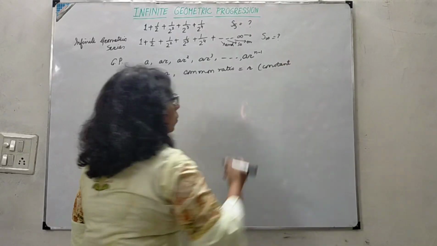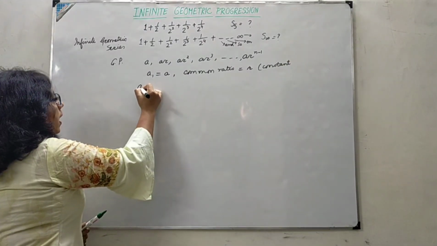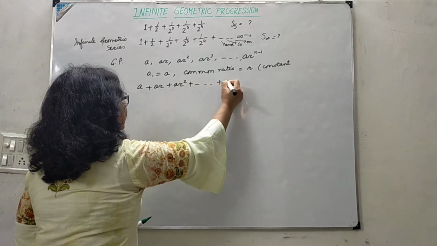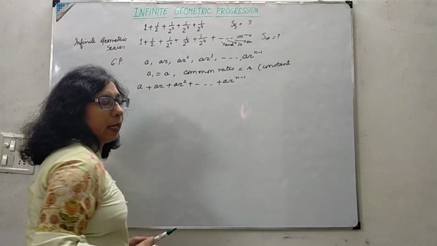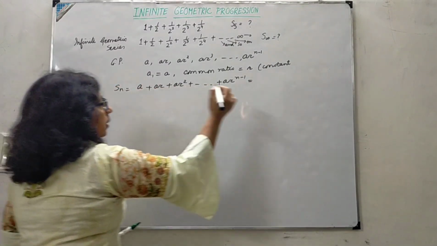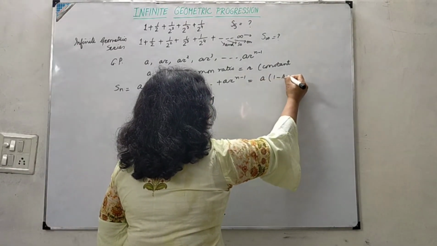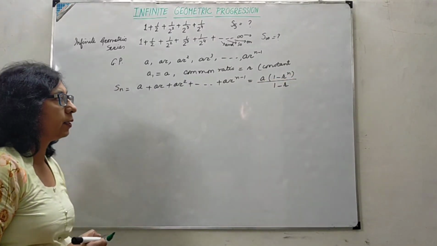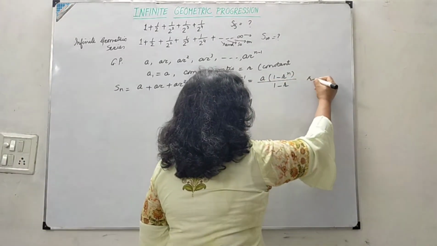And we have also studied that if we have the geometric series for n terms, then we can always have its formula, Sn as a into 1 minus r to the power n upon 1 minus r, when r is not equal to 1.